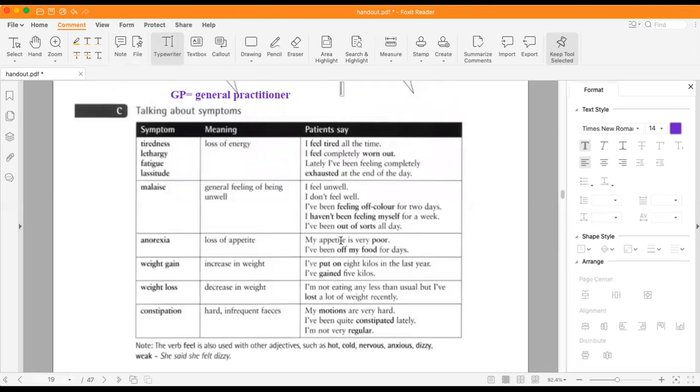Tiredness, lethargy, fatigue, lassitude. The patient, for example, presents to the doctor saying, I feel tired all the time. I feel completely worn out.